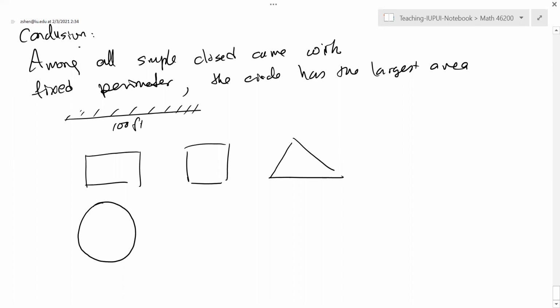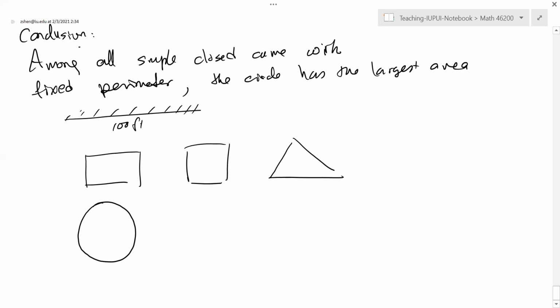Because they can include more area, they make a circle. A circular tent with the same material gives you larger area, maybe not comfortable, right? And this is the most economic way.